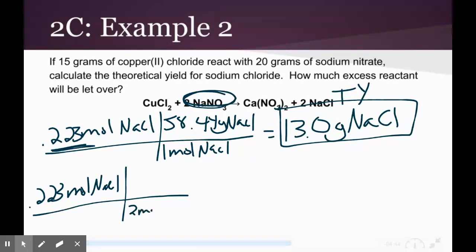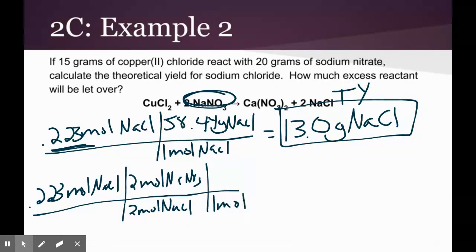So we have 2 moles of NaCl for every 2 moles of NaNO3. And then the molar mass, which is 84.96 grams of NaNO3. So that gives us 18.9 grams of NaNO3 that is used up in the reaction.